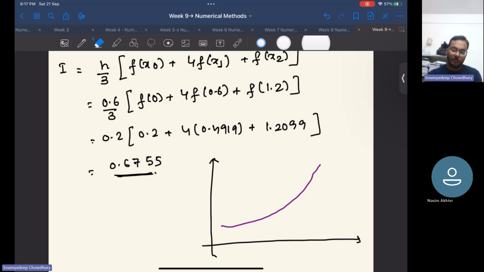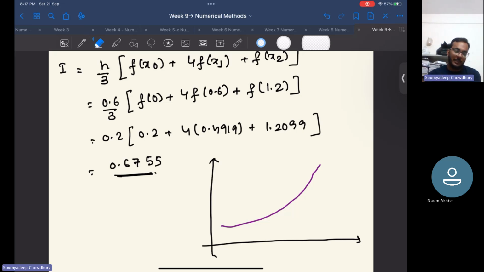But since this is almost looking like a parabola, in Simpson's 1/3 rule we approximate the integrand by a second order polynomial. Approximating the function using a parabola would be most accurate, and that's why the error in Simpson's 1/3 rule for this particular type of function is less.